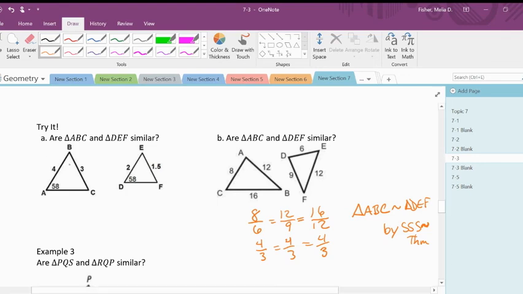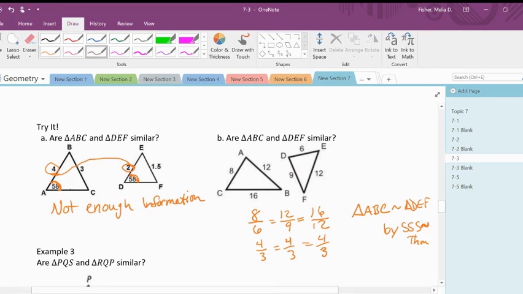Take note on part A that there is not enough information. Although we are given angle 58 congruent to 58, and we have 4 matching up to 2, we do not have the other included side.